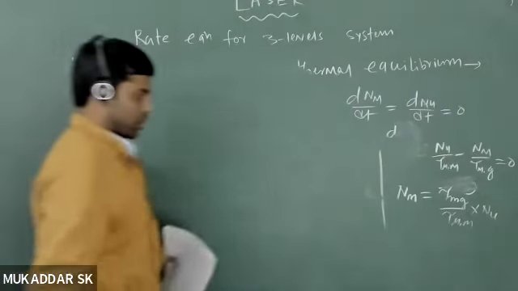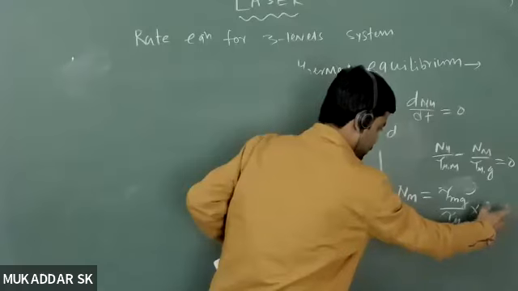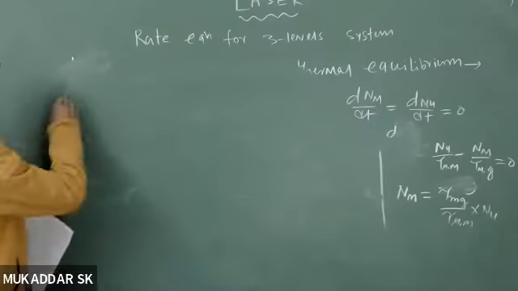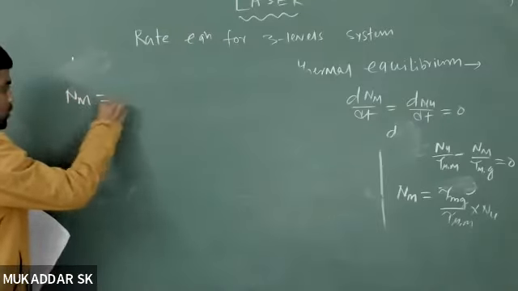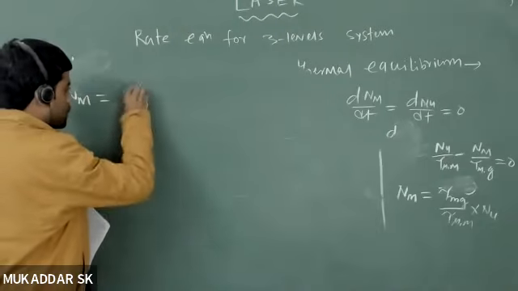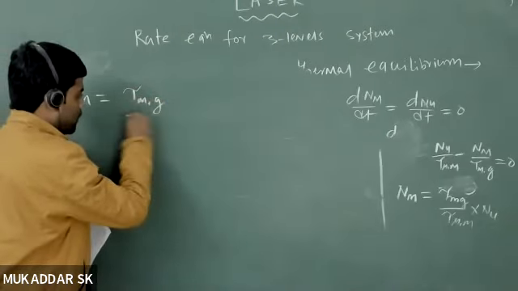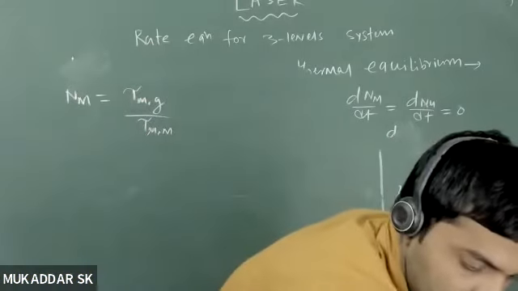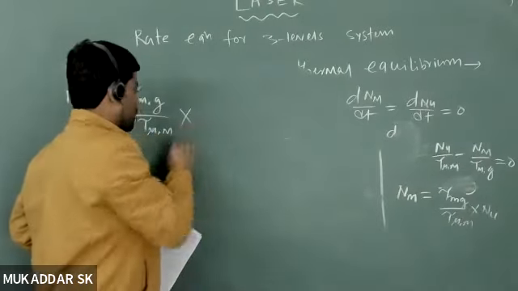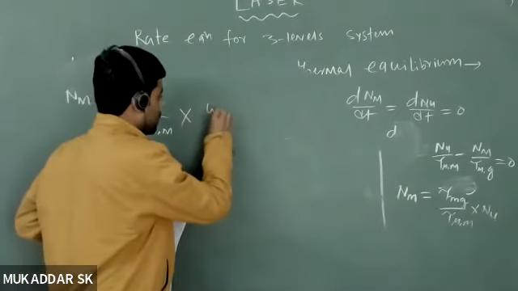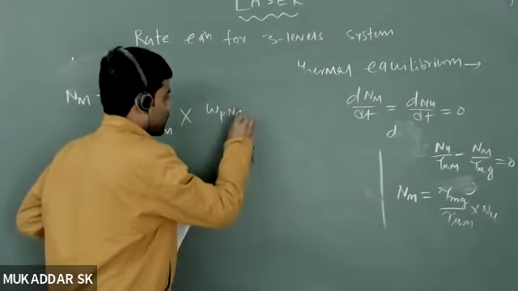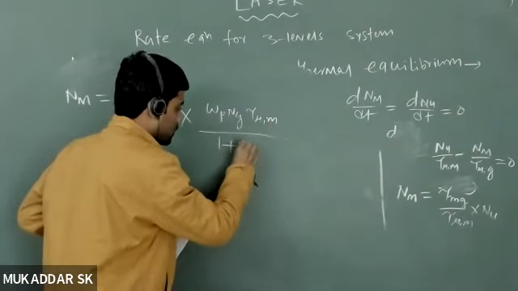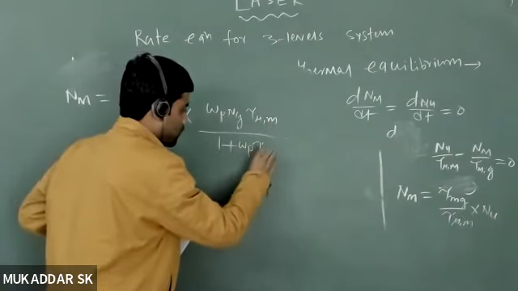Now we have just obtained the value of N_U. I'll substitute it here and get the population of the metastable state. So N_M will be tau of MG divided by tau of UM, and then N_U, which if you remember was W_P N_G tau of UM divided by 1 plus W_P tau of UM.